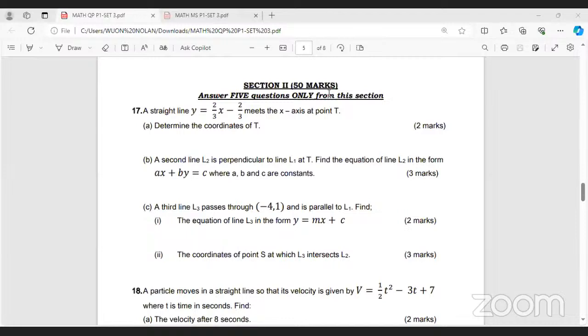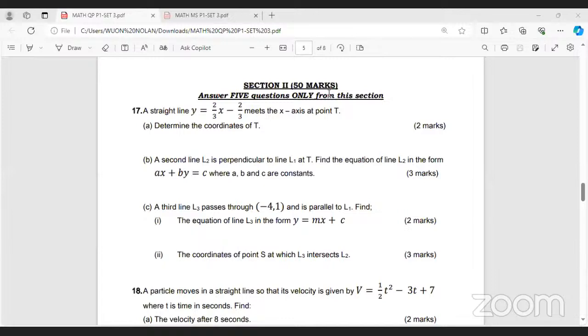So you can see y is equal to, y is equal to. So if you are solving by substitution, you equate the two. That will be 2 over 3x plus 2 over 3 is equal to 2 over 3x plus 11 over 3, for you to get the value of x. After getting the value of x, you go back and get the value of y.